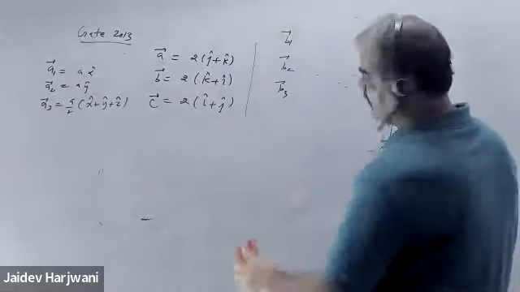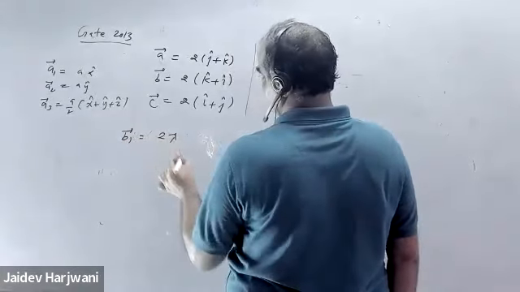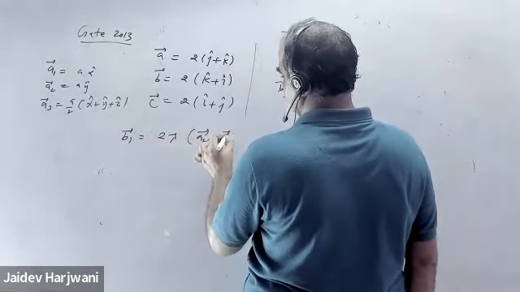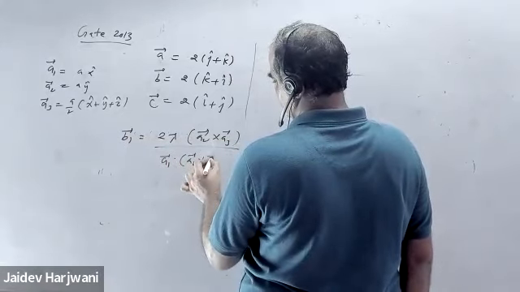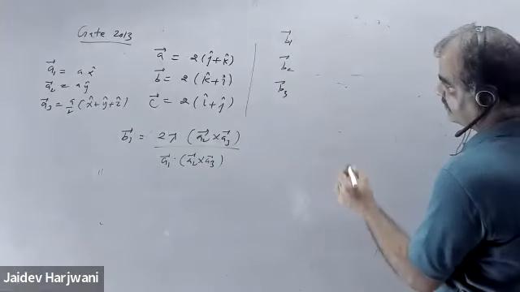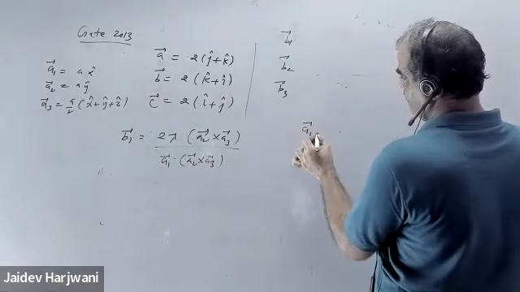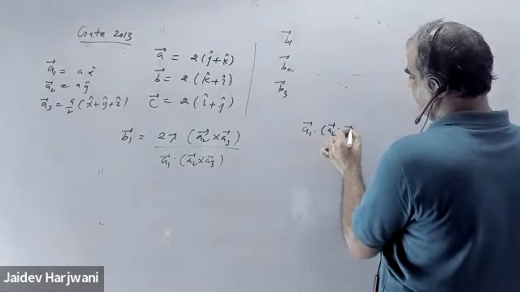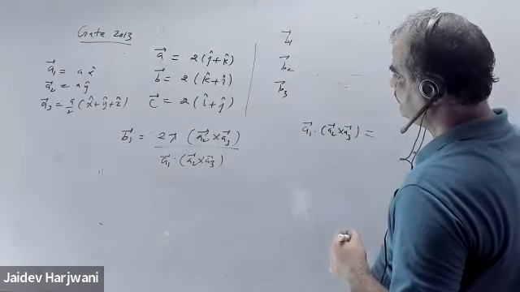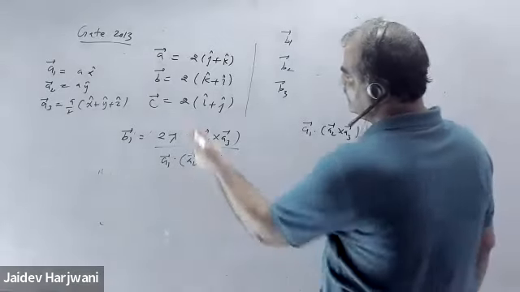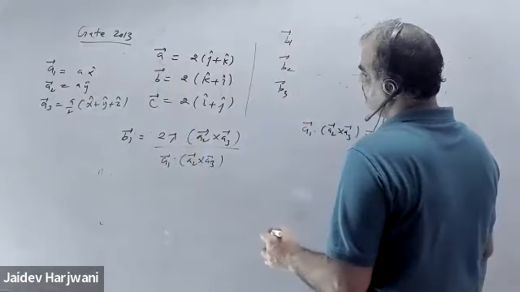Okay. Now let us solve this one. So B1 is what? B1 is your 2 pi, A2 cross A3 upon the volume A1 dot A2 cross A3. So first, find the volume, since volume is common, find it and keep it. What will your volume be? How much is A1 dot A2 cross A3 volume coming? Here it is ABC, instead of A2 A3 you have ABC here.